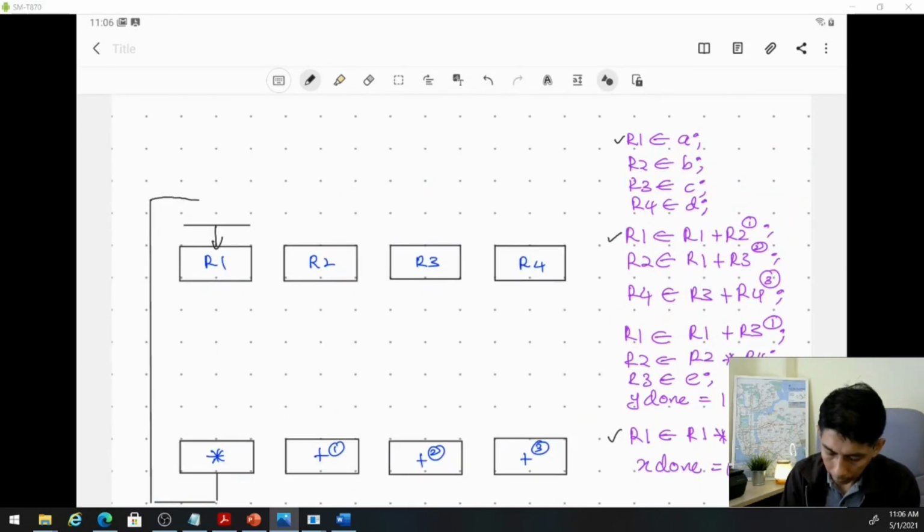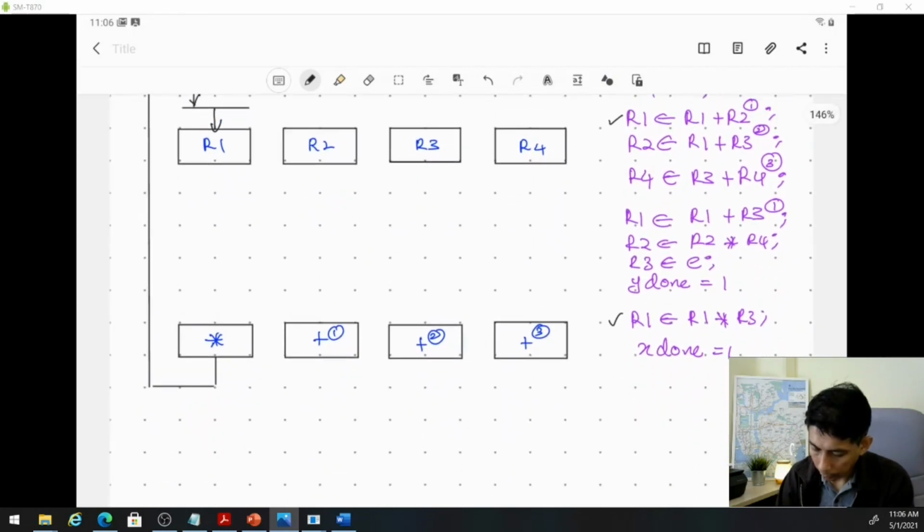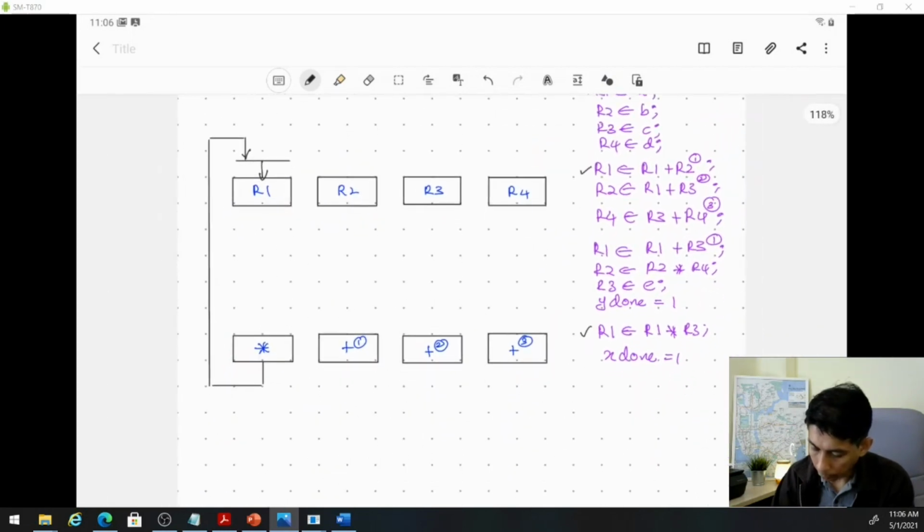Okay, the multiplier is here. One is from multiplier. Another one is from adder. So this can be from adder.